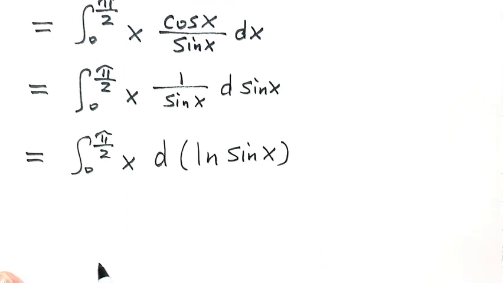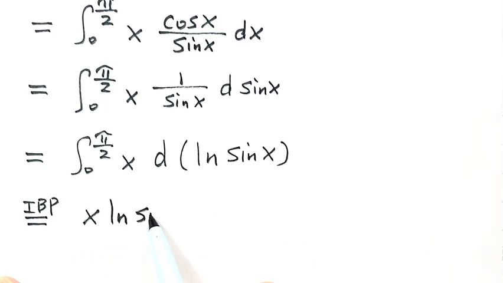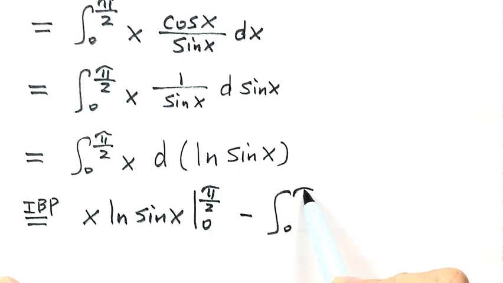So now we can use the method of integration by parts. Here just x times log sine x, then the lower bound, upper bound, then minus the integral of log sine x dx.